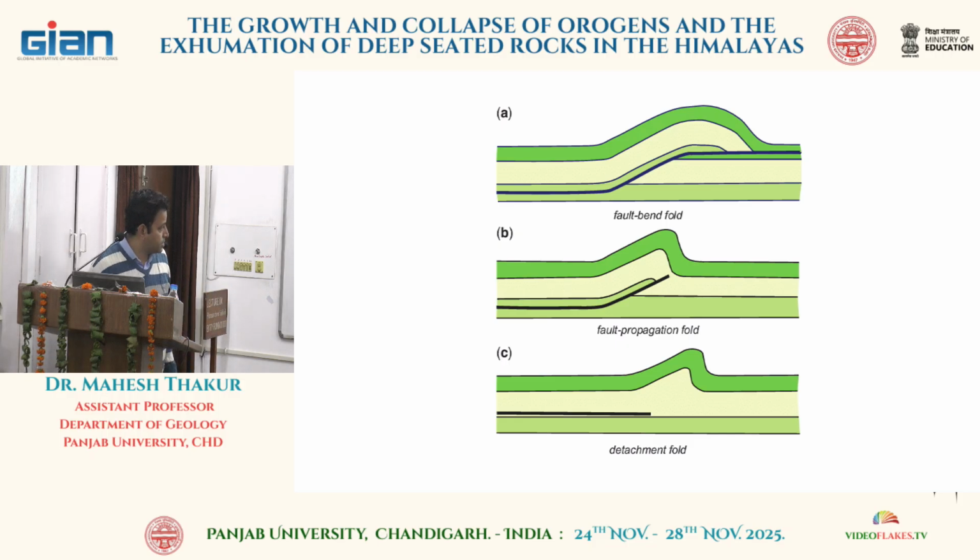So in the first example, this is a fault bend fold. The solid line represents the fault plane, and the rocks on top of the fault are making a fold. In most of the cases, they are making an asymmetric kind of fold. So second one is fault propagation fold, and third is the fault detachment fold.